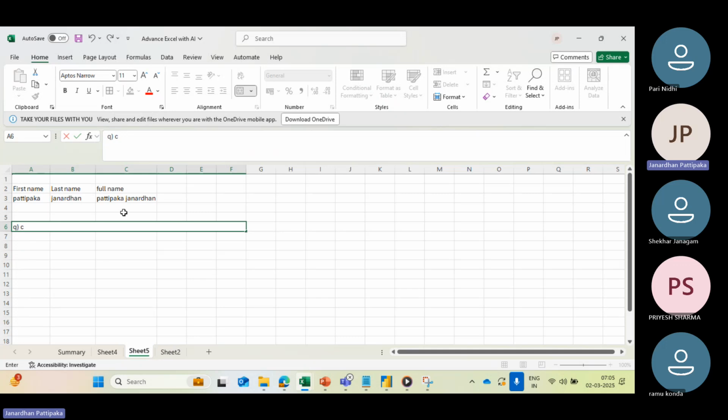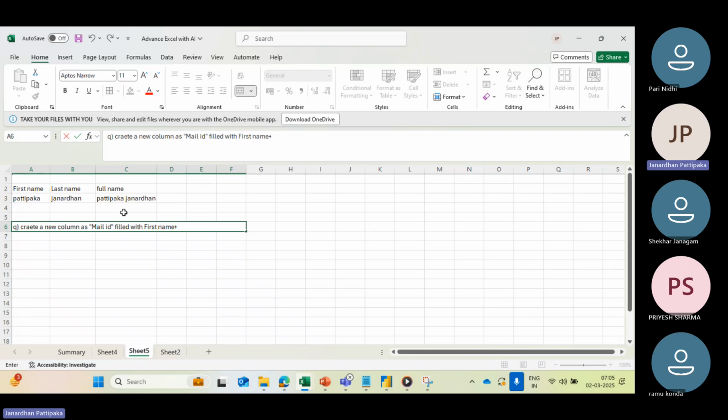I want to create a new column as mail ID, and this mail ID column should be filled with the first name plus some business domain.